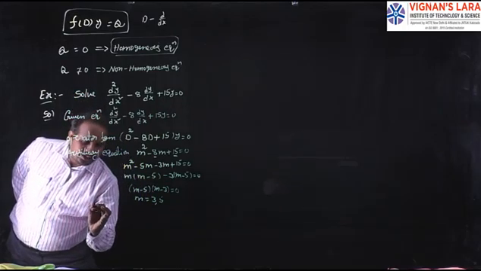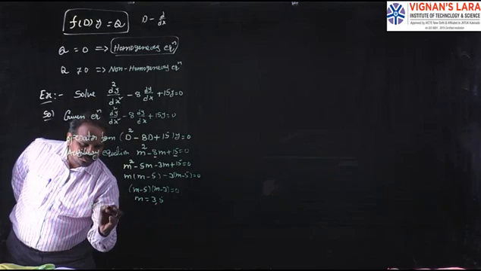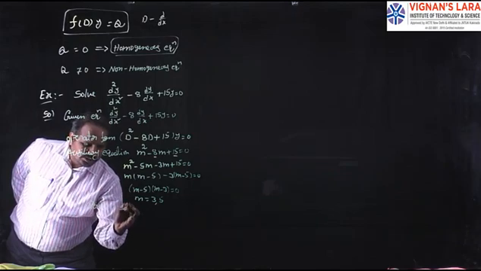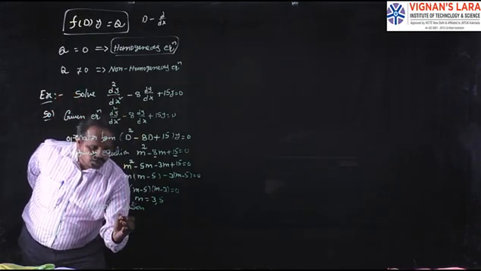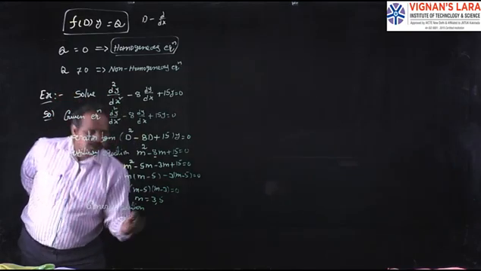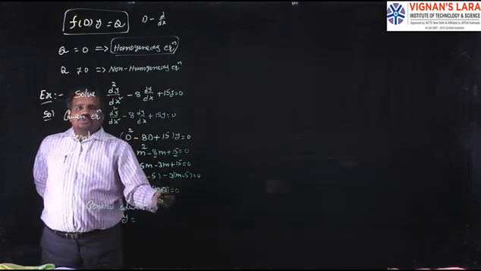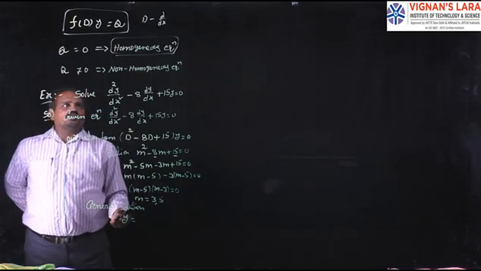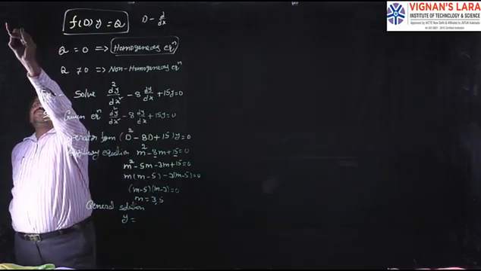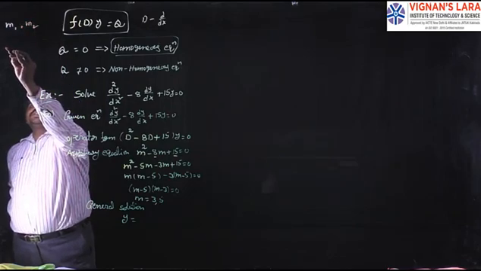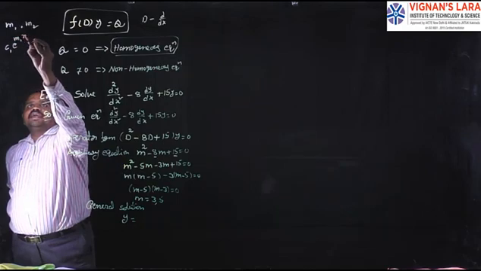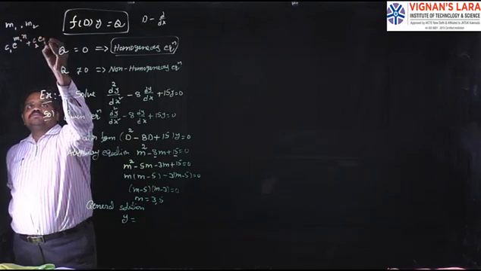So the general solution: here the dependent variable is y, so y is equal to... Here two roots exist, and the two roots are real and distinct. If m1 and m2 are real and distinct, the solution is c1 e power m1x plus c2 e power m2x.